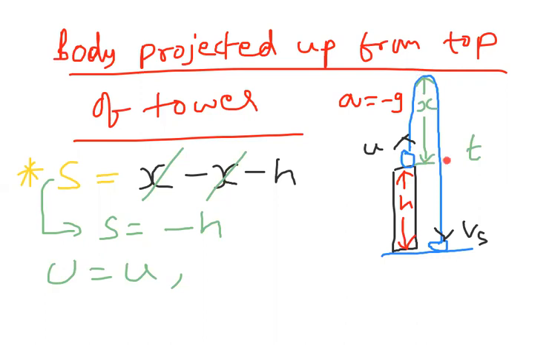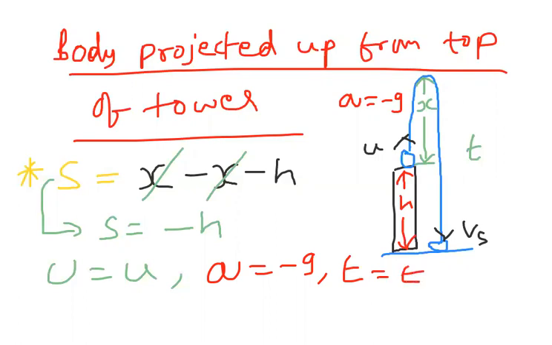So simply the acceleration is minus g. Initially projected up, so a is equal to minus g, and the time taken is t.